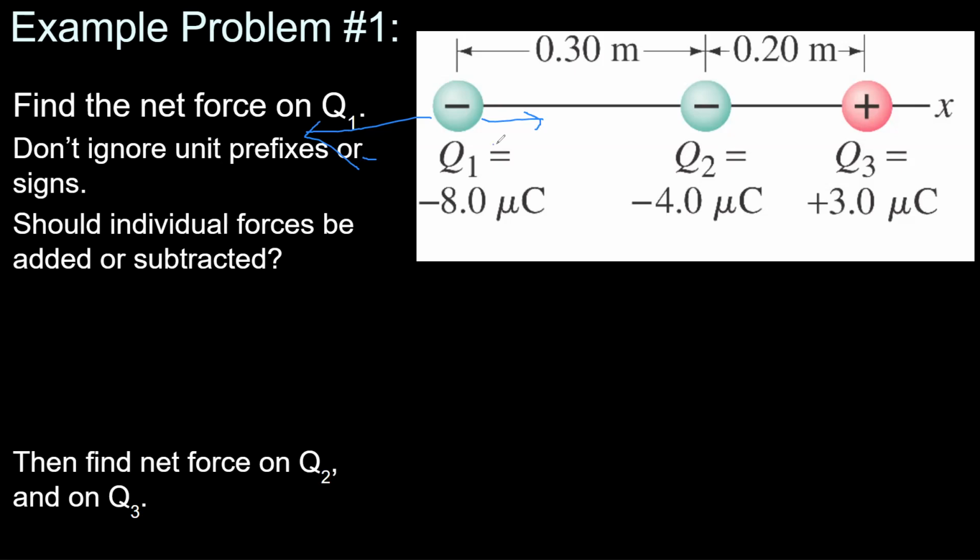So you would have a smaller force here. Since we know both charges and the distances, we'll find the force that's left and the force that's right. You add those up, you should have a net force to the left, and you can do similar stuff for Q2 and Q3.